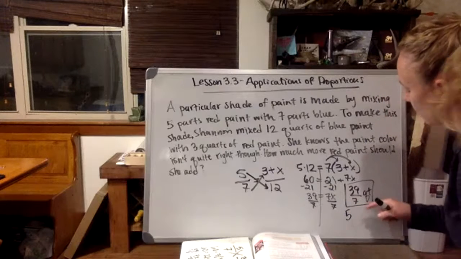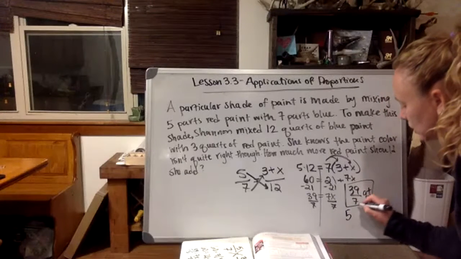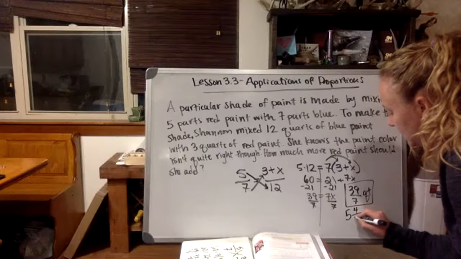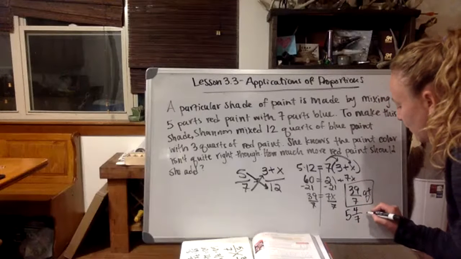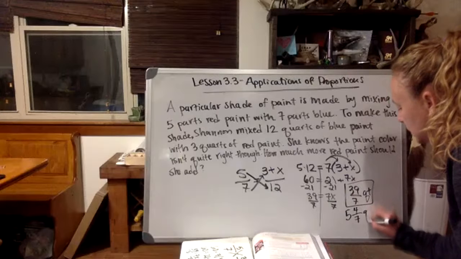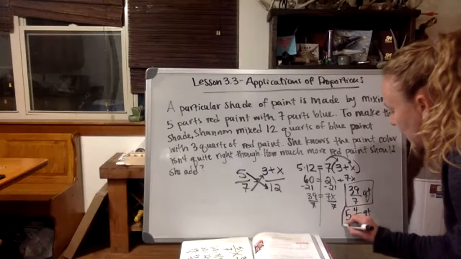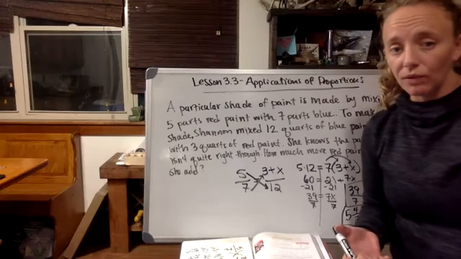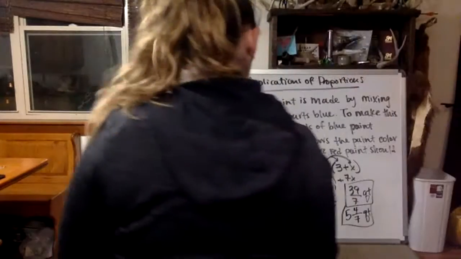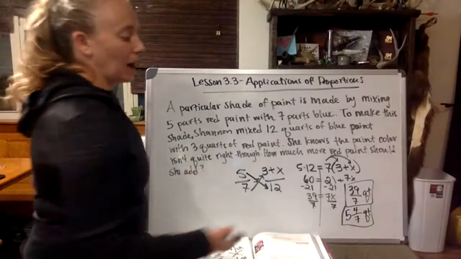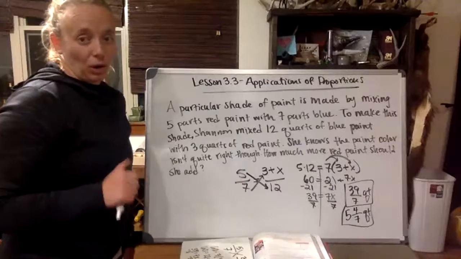And what is left over? 35 versus 39 is 4 left over. So I get 5 and 4/7 quarts is essentially how much red she needs. Those are equivalent fractions. They equal each other. It's great. Fabulous. So she needs to add 5 and 4/7 more quarts.